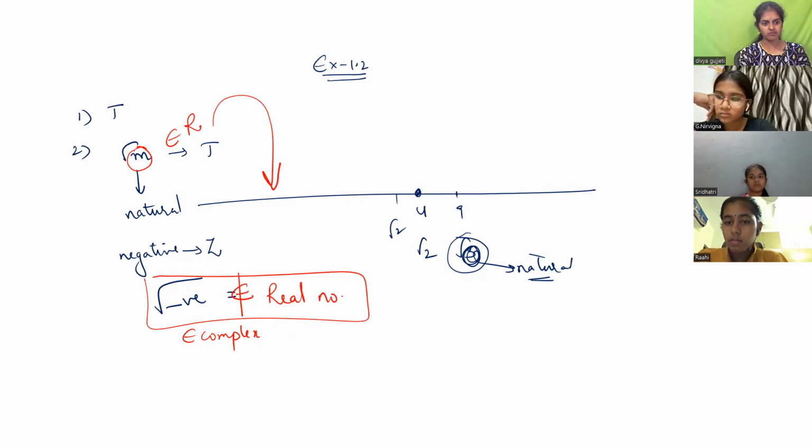When this m under root, here we have taken it as m, if it is an integer, then it could be a negative number also. So when it is a negative number, it doesn't belong to real numbers because it comes under complex numbers. So a complex number has no space on the real number line. It is completely opposite.